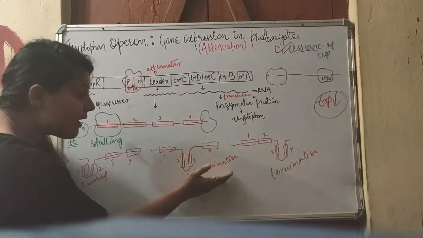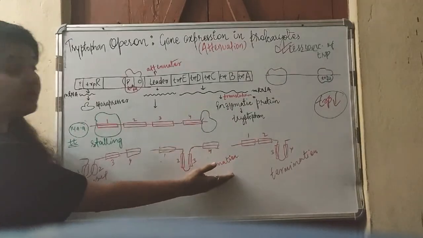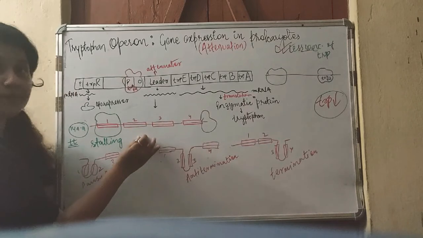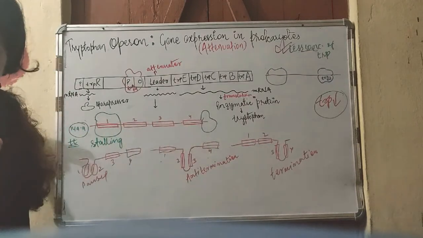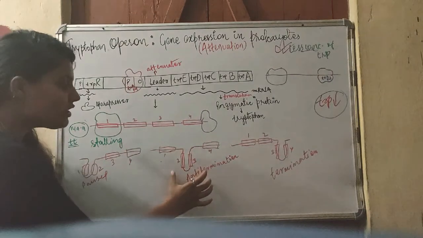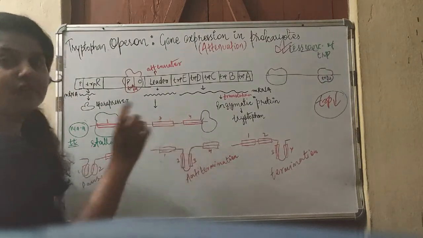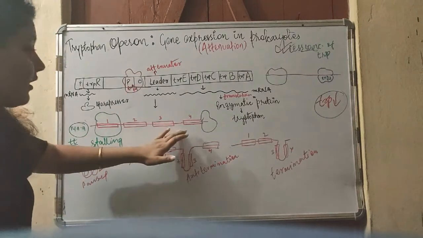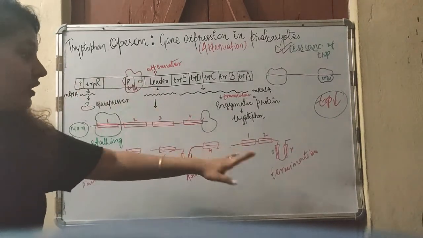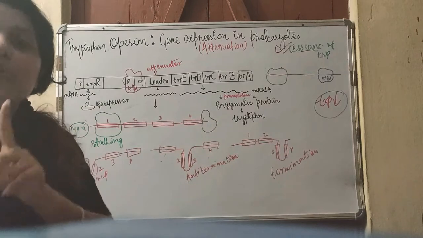If they form the anti-termination hairpin, means if 2 and 3 are pairing, right, then 3 and 4 cannot pair, isn't it? When 2 and 3 are pairing, 3 and 4 cannot pair. So the termination hairpin will not be formed.